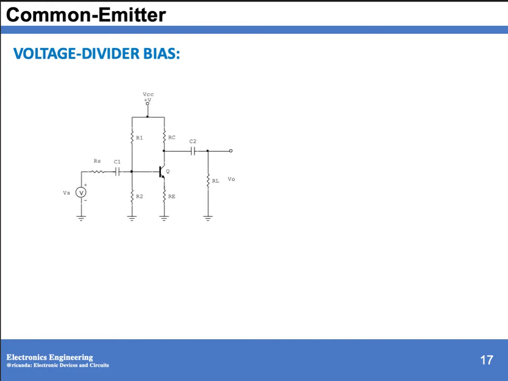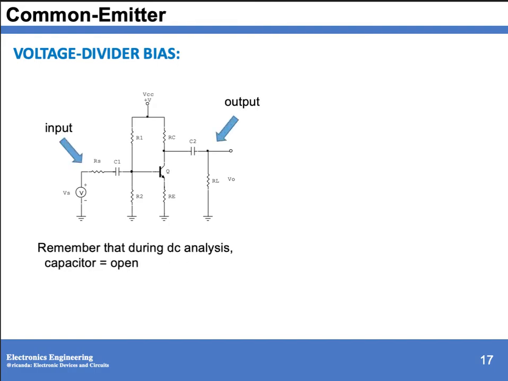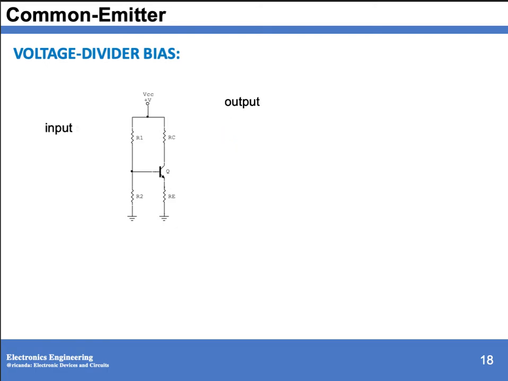Another bias is a voltage divider bias. So we have this input and this is our output. So during DC analysis, the capacitor is open. So we have this remaining circuit. We have IC going to your transistor, IB going to your transistor, and IE going out from your transistor.